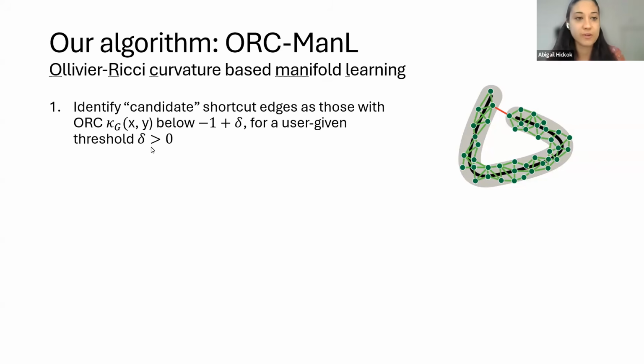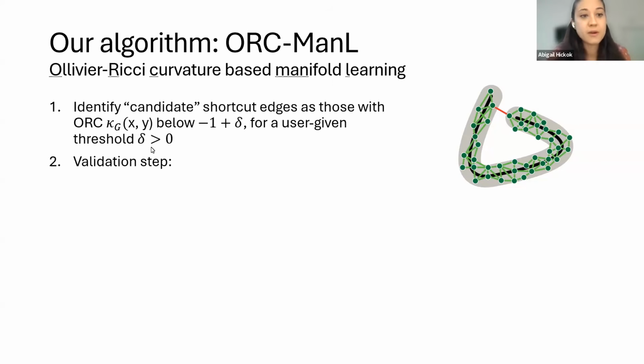So the first step of our algorithm is to identify these candidate shortcut edges as those edges whose ORC values are a little bit below -1 plus a little fudge factor delta.